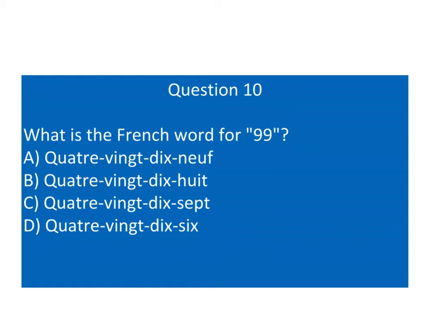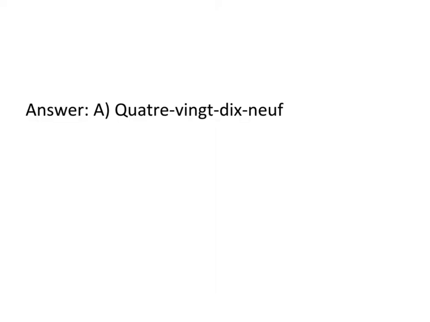A. Quatre-vingt-dix-neuf. B. Quatre-vingt-dix-huit. C. Quatre-vingt-dix-sept. D. Quatre-vingt-seize. What is the answer? So the answer is A. 99. So what do you get? Can you write what you score in the comment section?